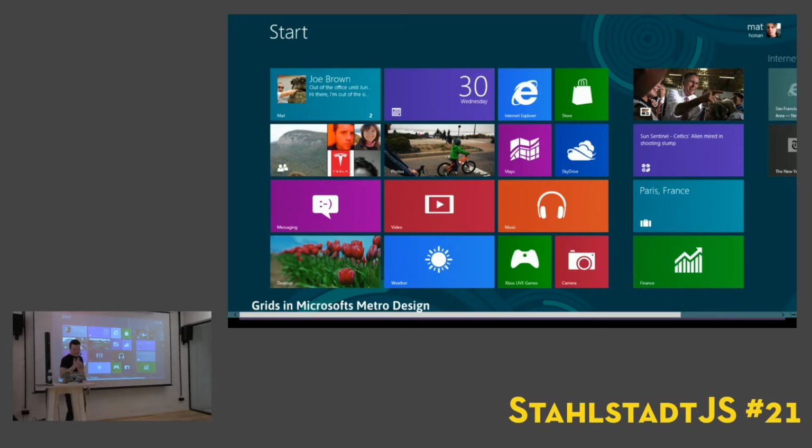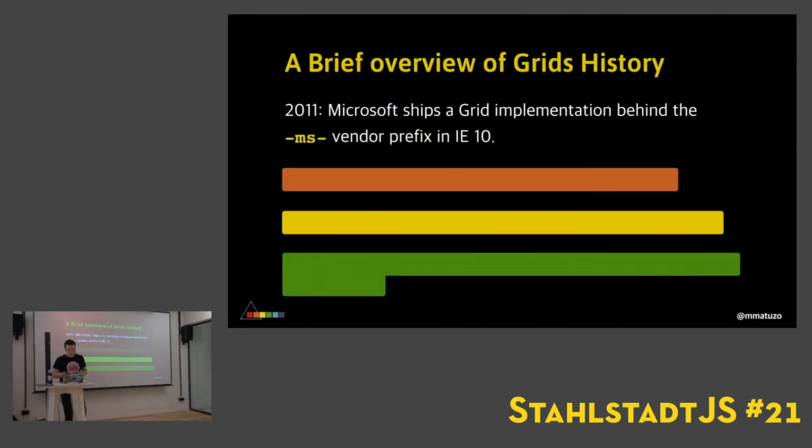So they realized, okay, you can't build such a thing using Flexbox or Float, or of course you can, but you're not very flexible doing that. So they had to come up with something new, and they did. The first implementation of Grid was shipped behind the MS vendor prefix in IE10, 8 years ago. So CSS Grid Layout is 8 years old, actually.